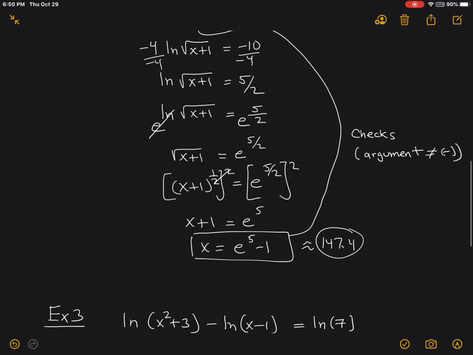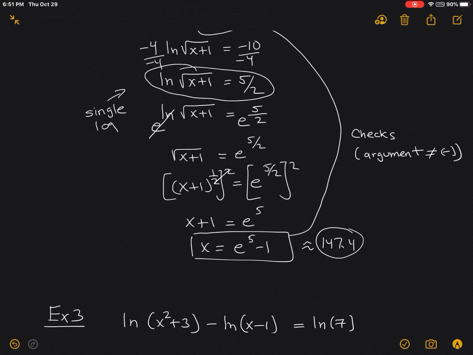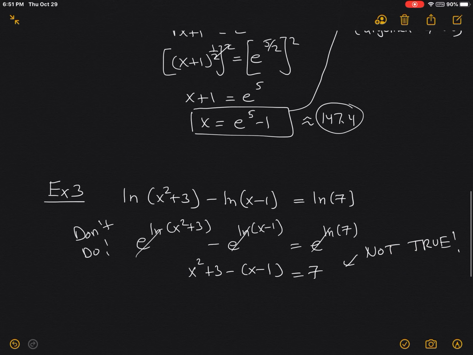Why can I not do this? Didn't you do it on the previous problem? Well, if I look on the previous problem, notice the only time you can use your inverse property is when you have a single log and then some kind of constant. That's the only time you can use the inverse property.